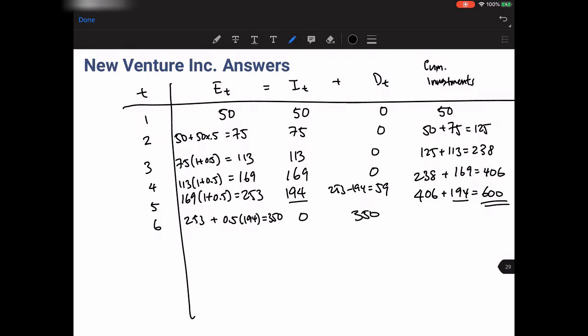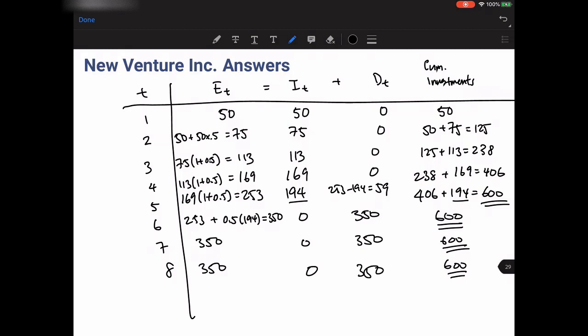We will remit all of our earnings back to the shareholders because we have already hit the 600 million cap. And so for 7 and 8, we will still generate 350 million earnings per period, but we won't be making any investments, and so we will just remit all those earnings back to the shareholders.